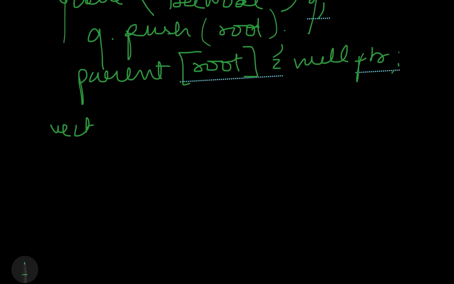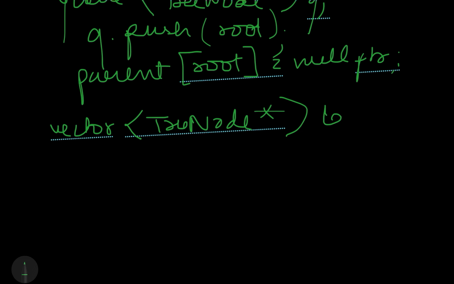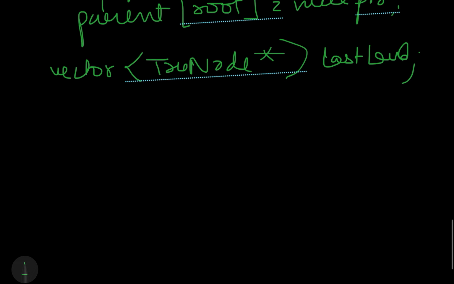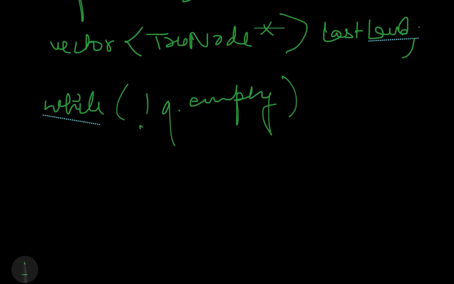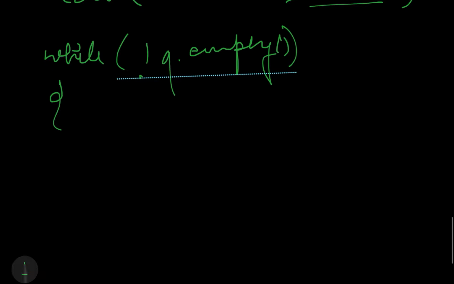Now we'll define a vector, which is our list, which will have the last level. We'll name it last level. Now we'll do the BFS traversal while queue is not empty. We just have to write the code for the BFS to find the nodes in the last level.